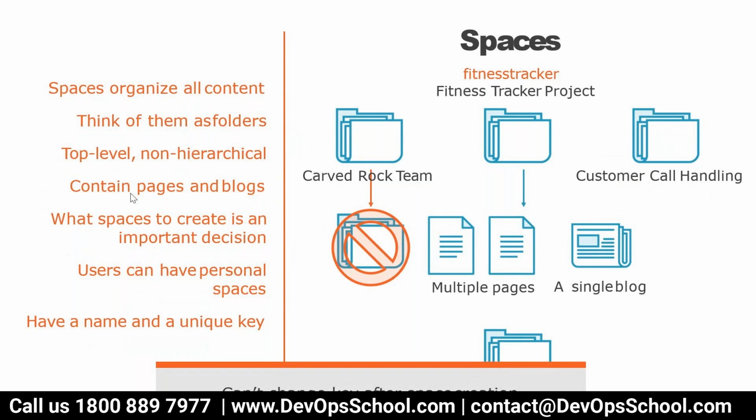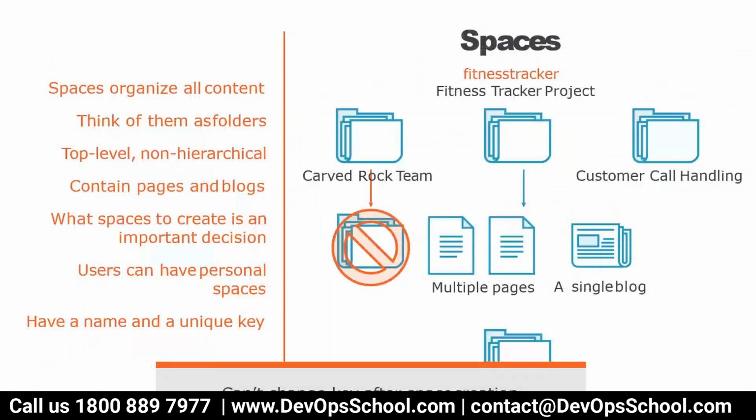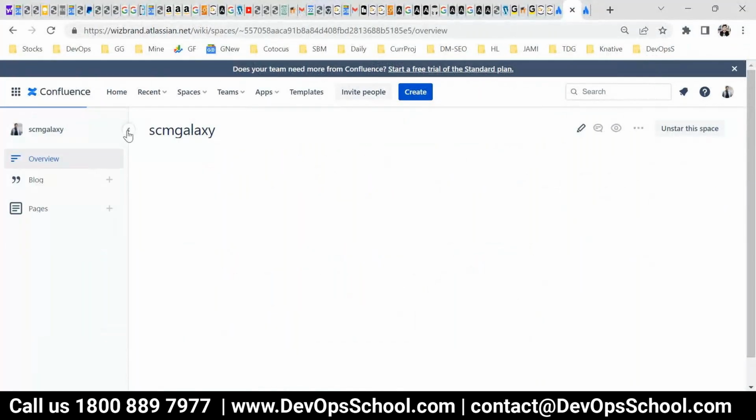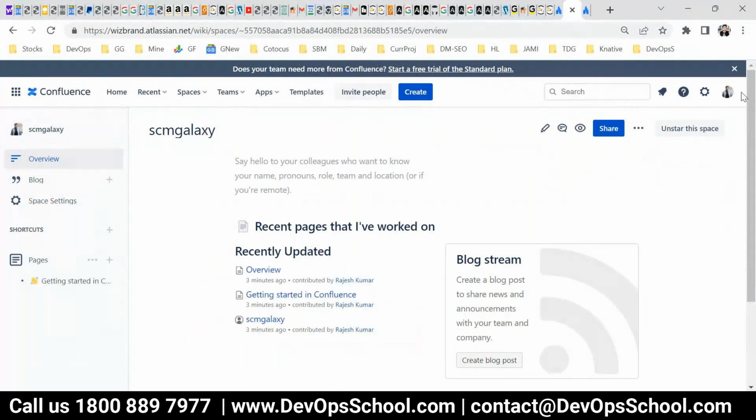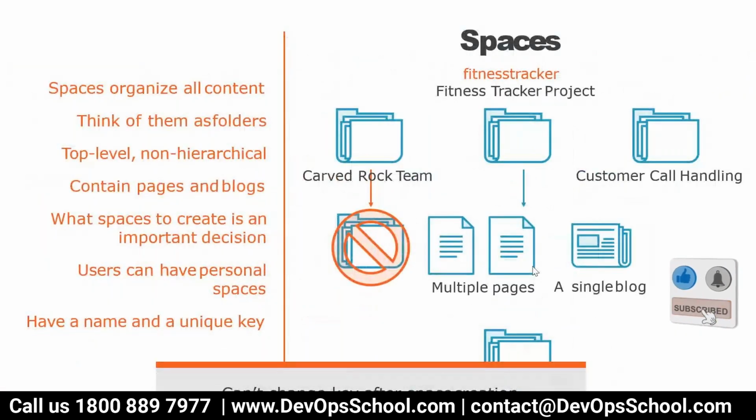A user can have a personal space. So the one which you see here, this was my personal space actually, means the user's personal space. And you can have a space unique name and key.